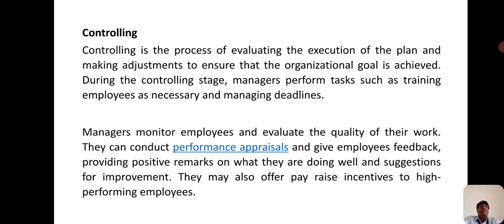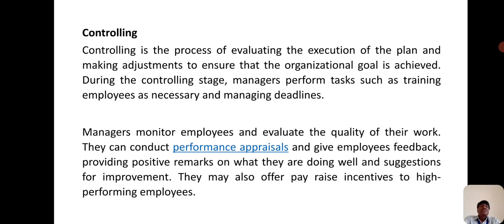How to identify the efficient people, the quality of work? It is through the performance appraisals. Once it is done, you must give the feedback to the employees. What are the positive things relating to a person and what are the negative things? How can we rectify it, how can we modify his behavior, or how can we adjust to the organizational setup?